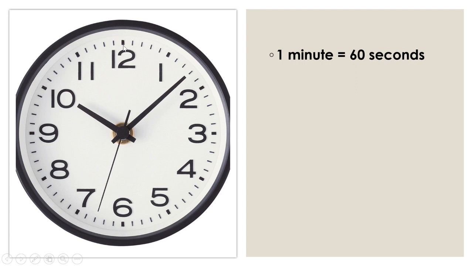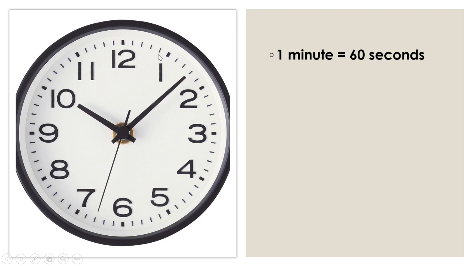Now you can also see these divisions on the clock. Okay, let us count the number of divisions between any two numbers, for example 12 and 1. 1, 2, 3, 4, 5.